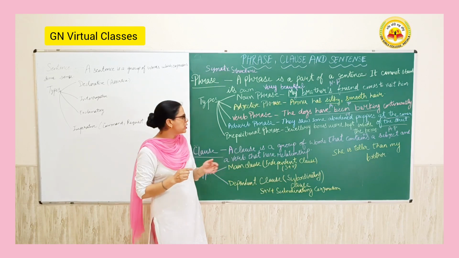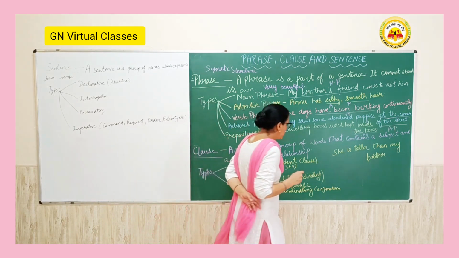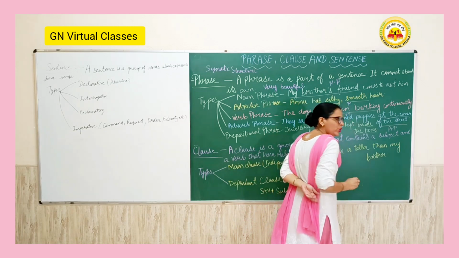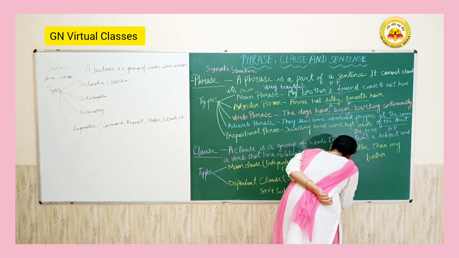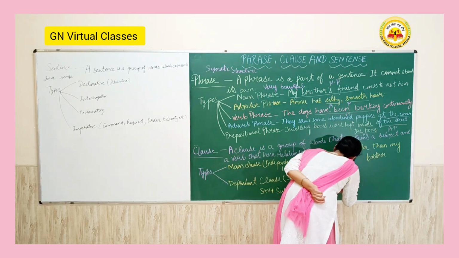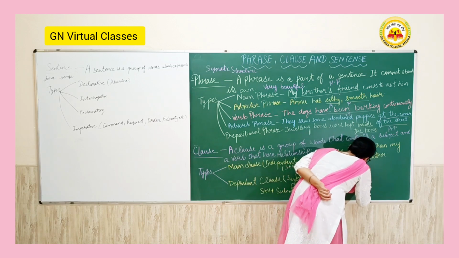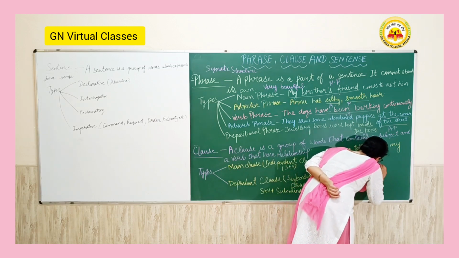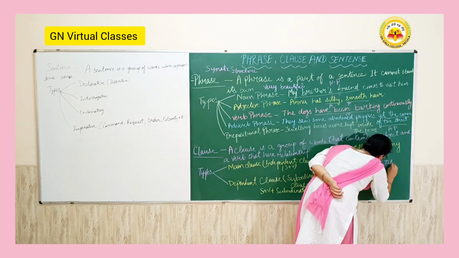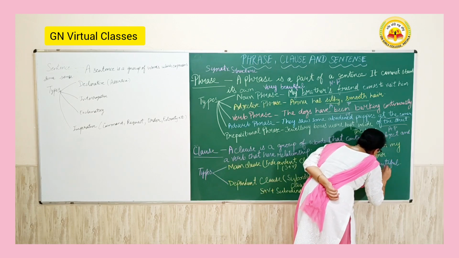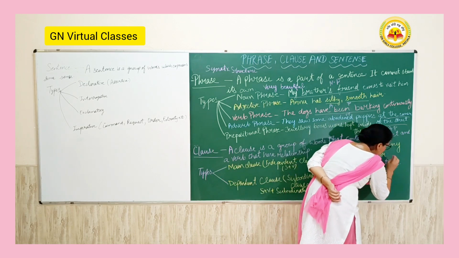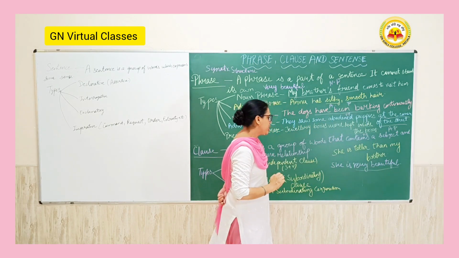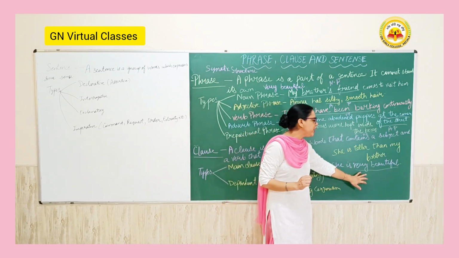So the question from this topic comes like, you have to underline the phrases. Like, she is very beautiful. In this sentence, you have to underline a phrase. Very beautiful is a phrase.